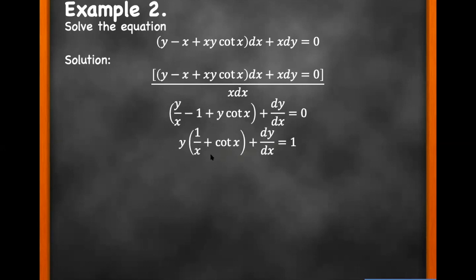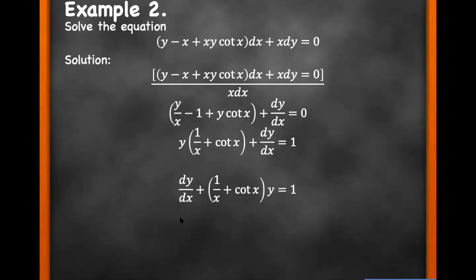Okay, so now I'm going to arrange it. I'll transpose negative 1 to the right side, to represent a function of x. And here you have y over x plus y cotangent of x. As you can see, y is common, so you factor out y. You have 1 over x plus cotangent of x, times y, plus dy over dx. So this is now in standard form, or let's arrange this equation.